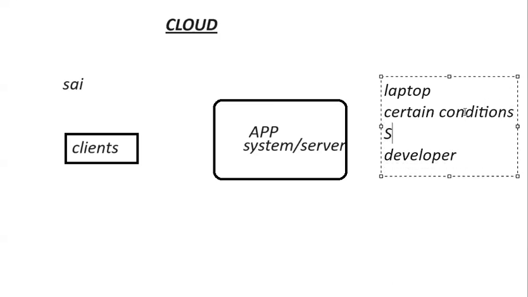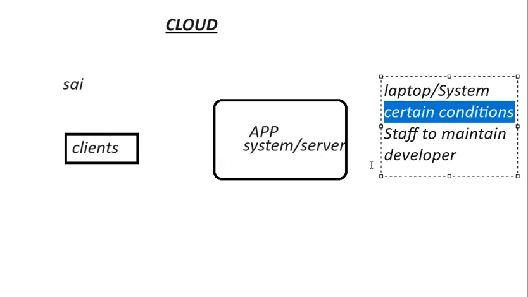and he must require staff to maintain this server. Whenever the server goes off, the staff must watch the server and restart it, or modify it so that it will be accessible to the client, right? So to make this app available to the client, he needs to take care of his laptop, or you can say his system, and maintain certain conditions for this system so that it will be available.